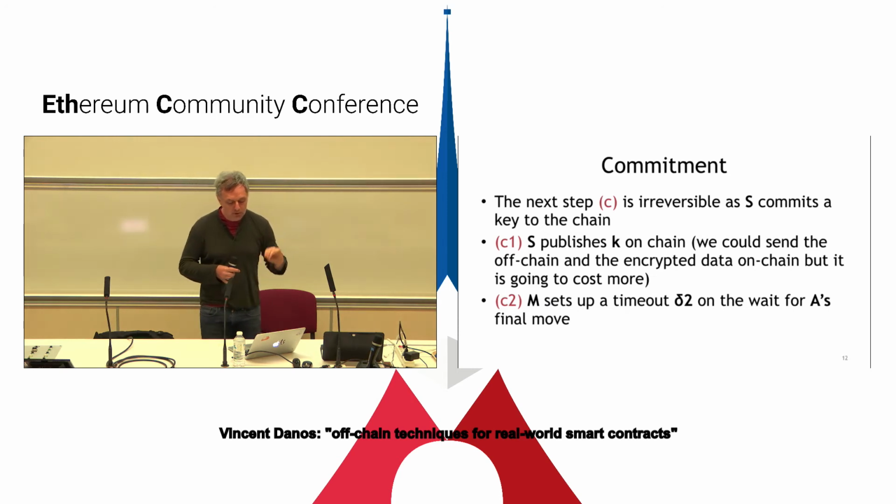So as we said, S publishes on-chain something that's visible from all players, and then the mother contract sets up a timeout, and that's a different timeout.